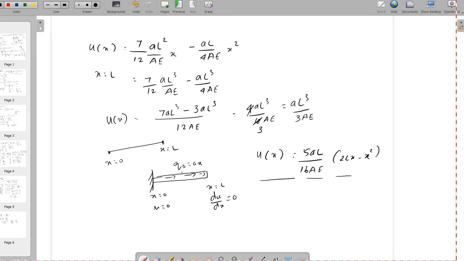Try the problem with the Galerkin method, because we tried only the point collocation method initially. You will get this answer, and you can compare it with the weak formulation, the weighted residual method and the Galerkin method.